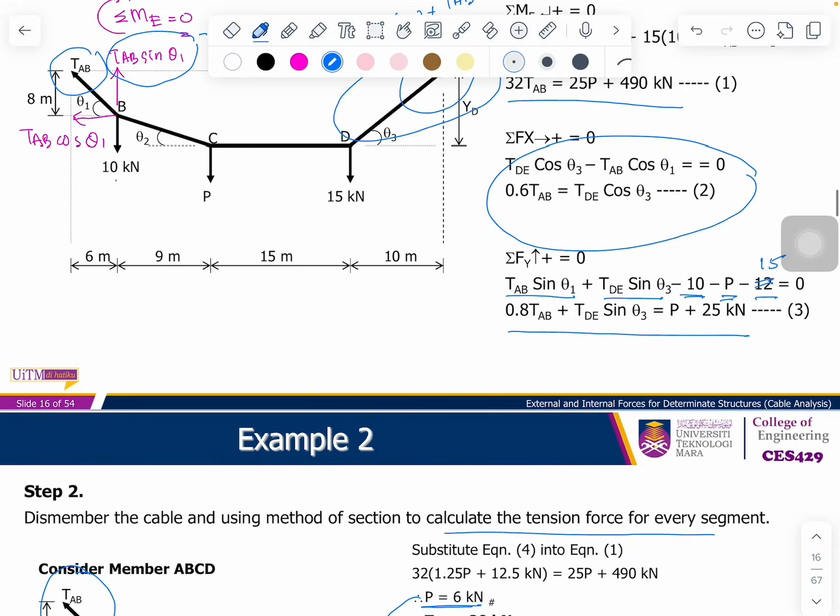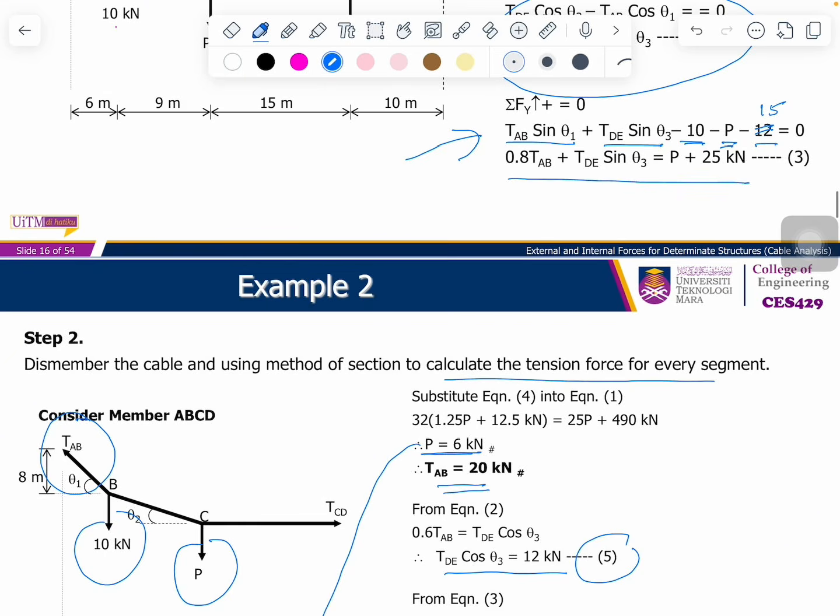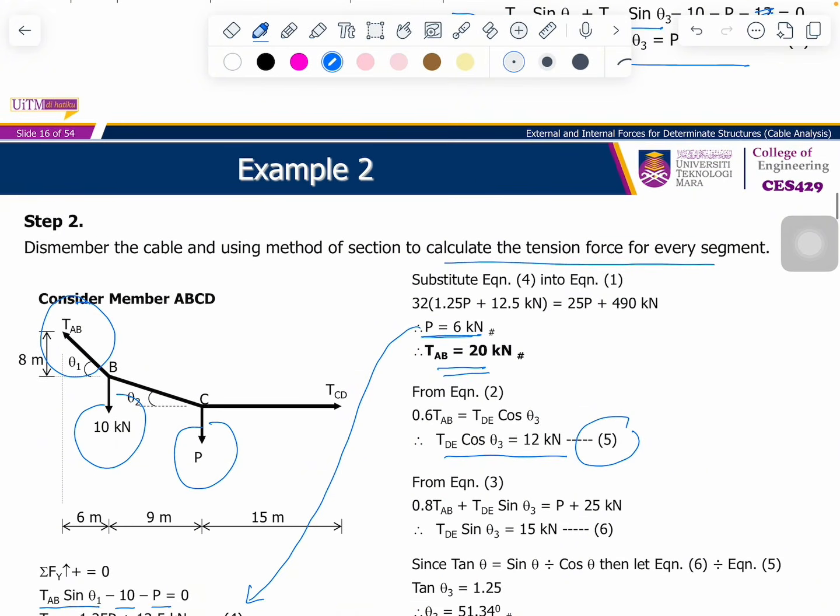And then from equation 3, we solve the problem using the vertical equilibrium equation. 0.8 TAB, you put the value of TAB there, and TDE sine theta 3 equals P plus 25 kilonewton. When you rearrange that equation, with P equal to 6 kilonewton, you put that value into equation 3.